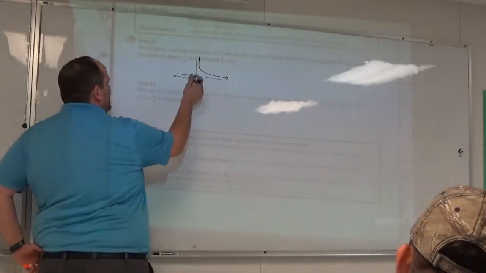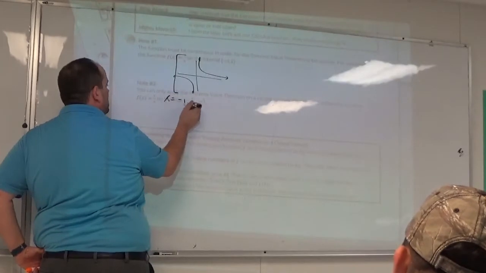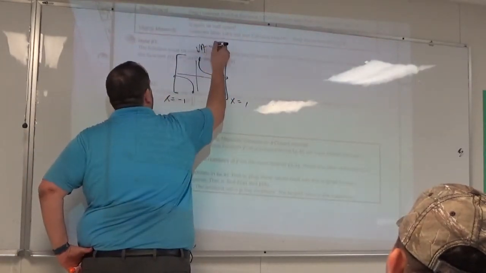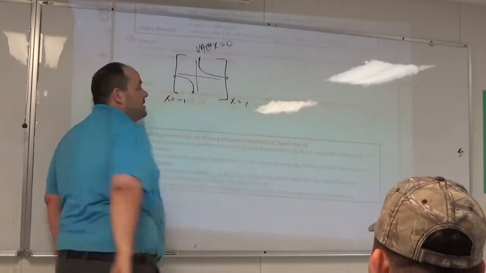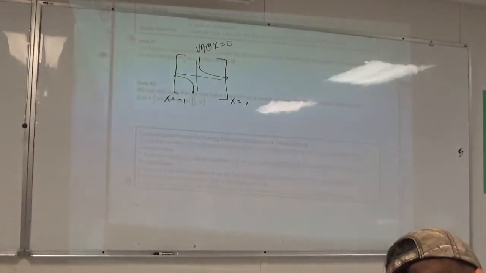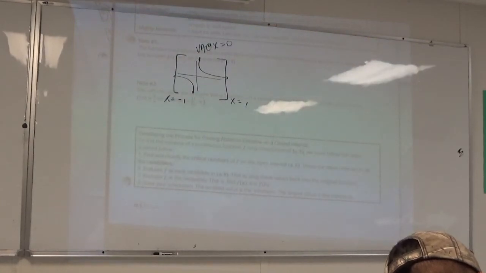We're on the interval x equals -1 to x equals 1. I heard Jose say we've got a vertical asymptote at x equals 0. Can I use the extreme value theorem? To use the EVT, I need a continuous function on a closed interval. No. I don't have a continuous function.